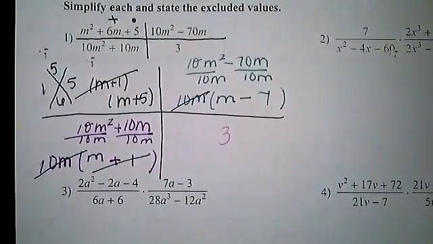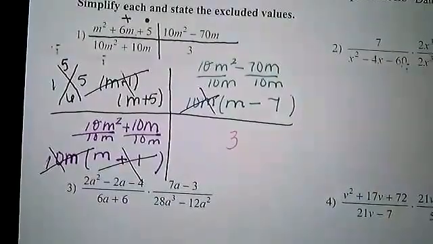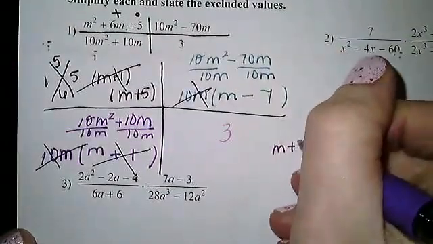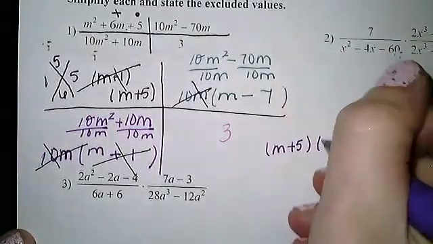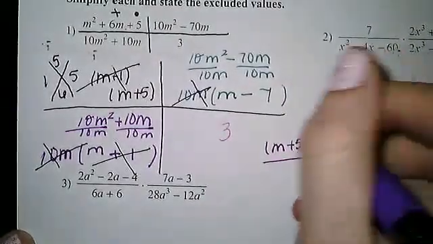And you can just leave it like that, or you can rewrite it. Pretty much whatever's left over at the top, you would write at the top, and whatever's left over on the bottom. m+5, m-7 would go on the top, and the 3 would go on the bottom.